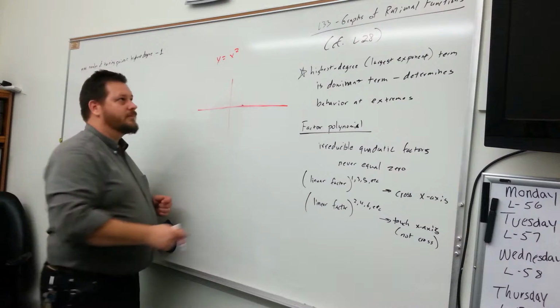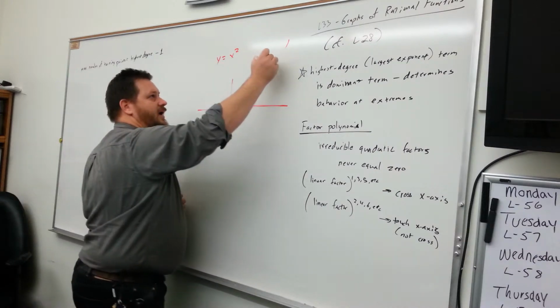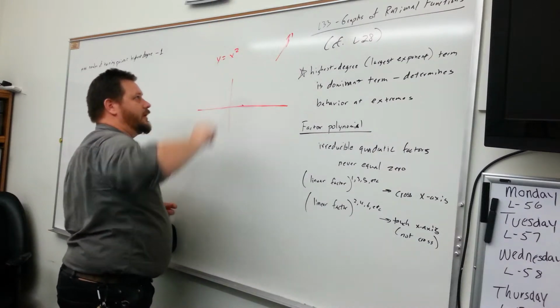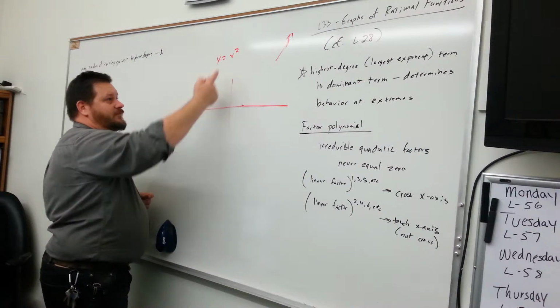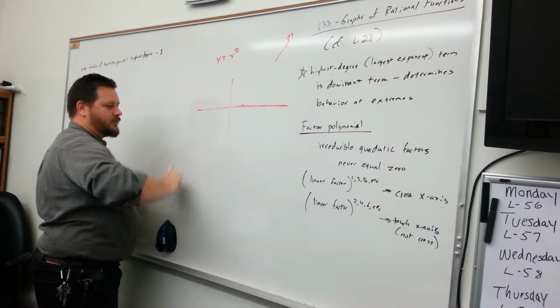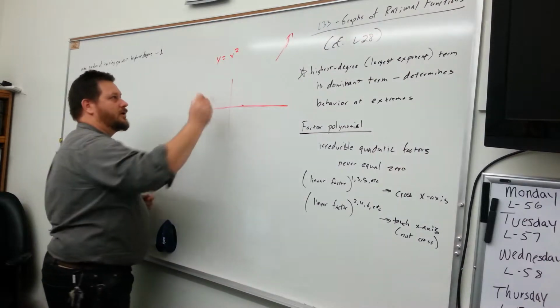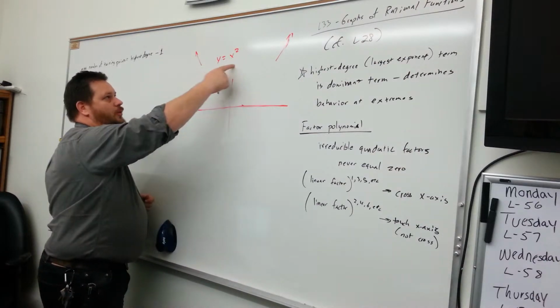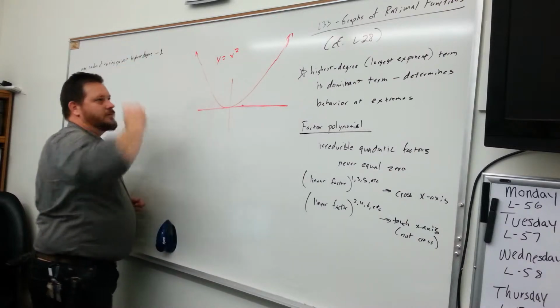Very large positive. So the graph at this extreme goes up that way. For very large negative numbers for x, does it go large positive, tiny negative, or large negative? Large positive. And we know what this basic shape looks like. It's a parabola.